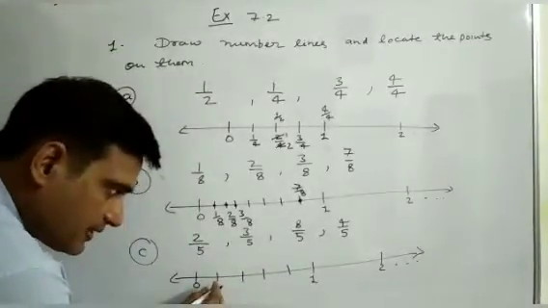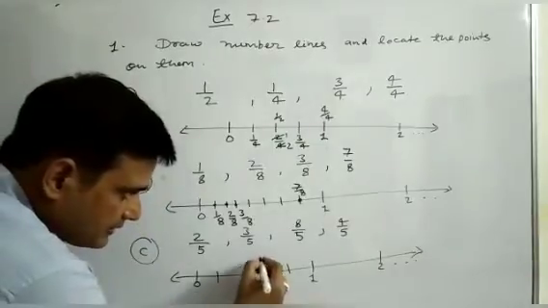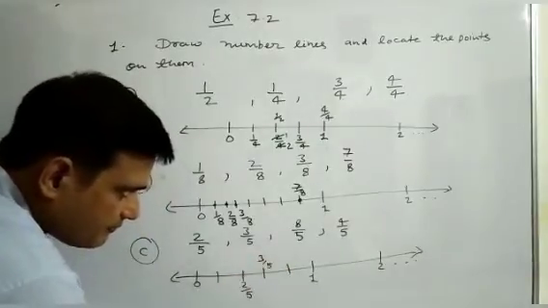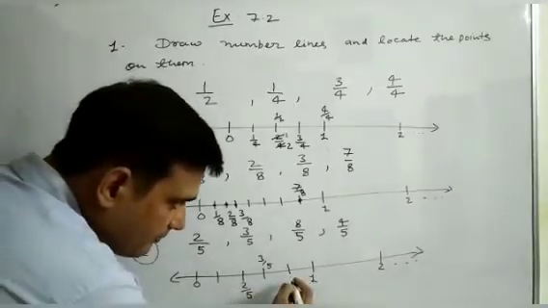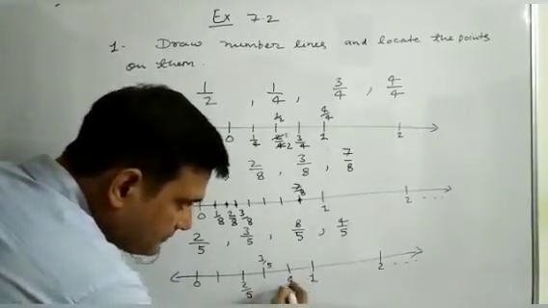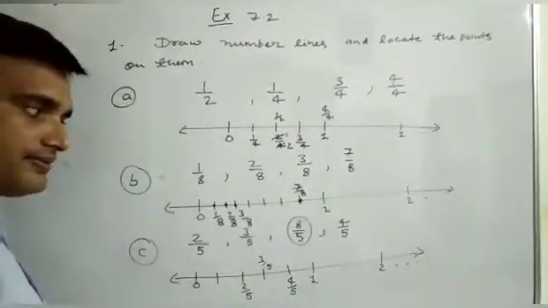Now first represents 1 upon 5, second 2 upon 5, third 3 upon 5, 4 upon 5. And here you see that there is an improper fraction, 8 upon 5.